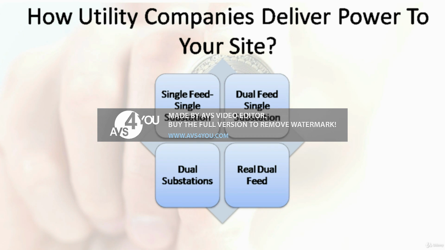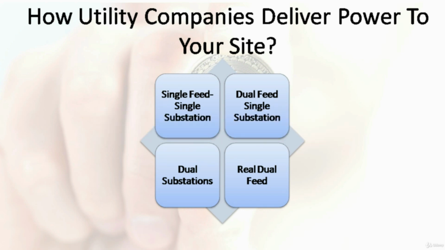However, you will need to know the portion which supplies power to your facility, as knowing which option is best will save you a lot of time and cost. In a simpler sense, the multiple distribution configurations can be split into 4 general categories shown in front of you, which are the single feed single substation, the dual feed single substation, the dual substation, and the real dual feed. Let us go over each one of these in more detail.